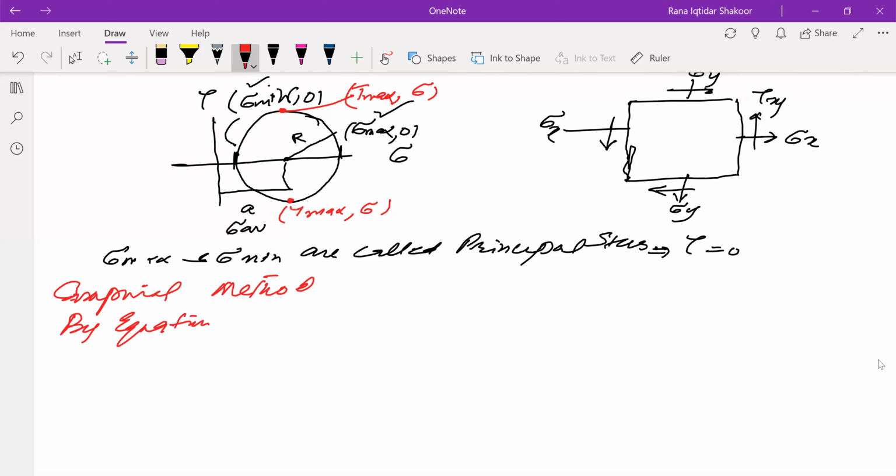These two methods are used to calculate sigma and tau values at any given angle, right? Until now, before the Mohr's circle, until chapter 6, we kept on calculating sigmas and tau values in the planar directions, directly the x and y directions, right?